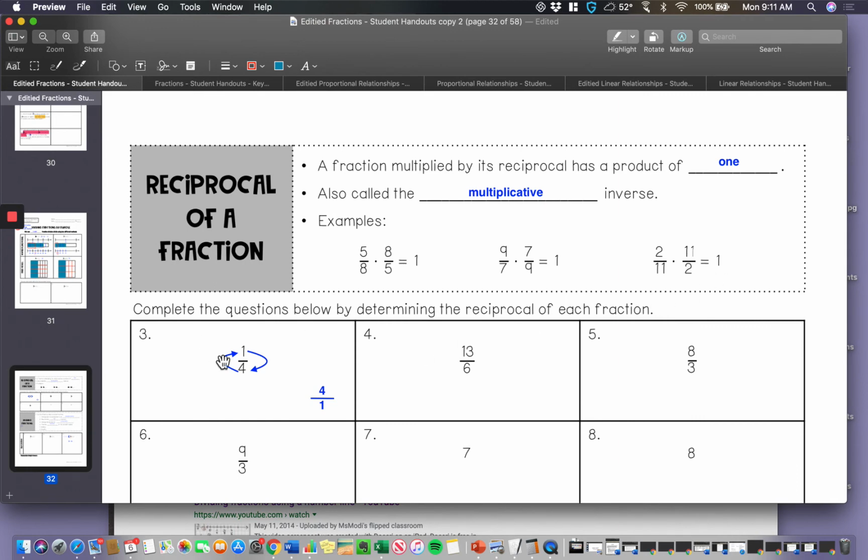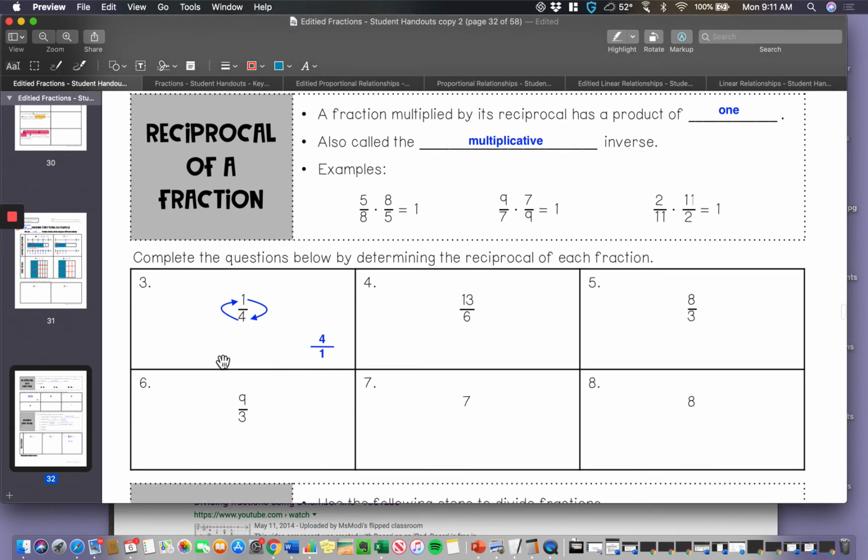For numbers 3 through 8, all you have to do is write the reciprocal of the fraction. So the reciprocal of 1/4: I take 4, move it to the numerator, and take 1 and move it to the denominator. So I have 4/1. All right, I'm going to take a look at number 7. Remember, when you have a whole number, the way to represent it as a fraction is taking the whole number, in this case 7, and putting it over 1.